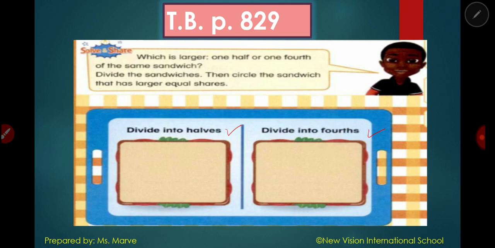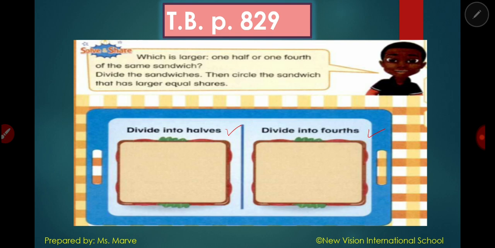And the other one, you are asked to divide it into fourths. Okay? How many halves should there be? There should be 2, not fourth. And how about in another one? How many? It should be 4. 4 equal parts with the same size.